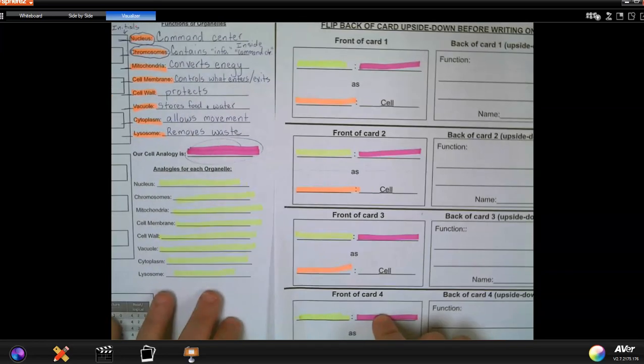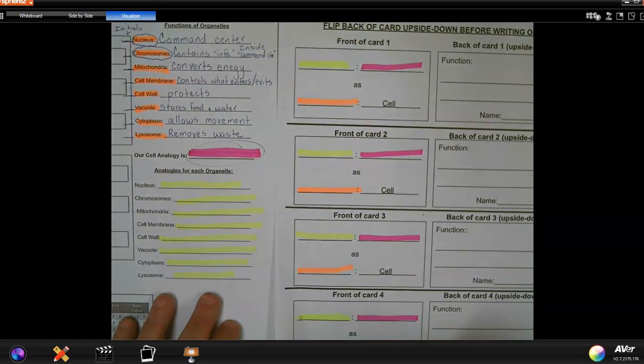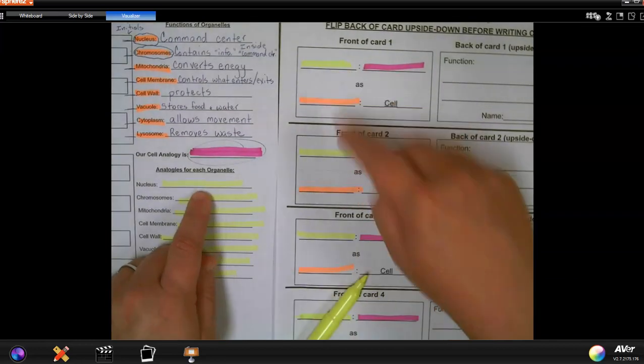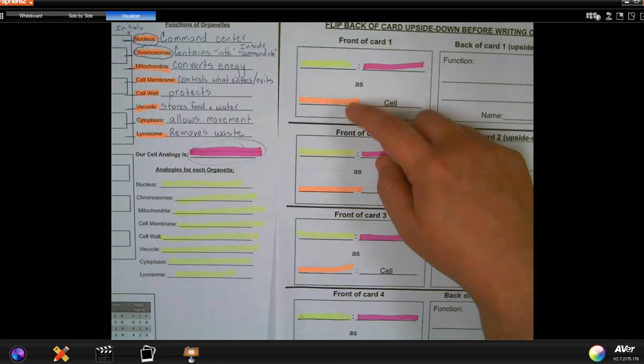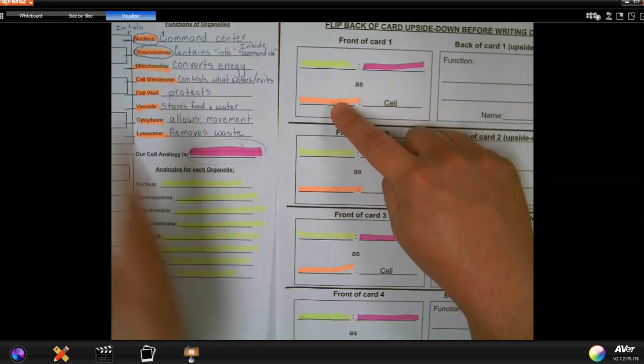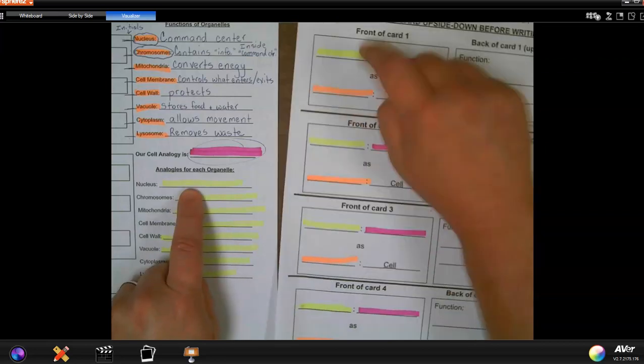Okay? So whatever you wrote here is going to go here for the correct organelle. For example, if this was my nucleus, I'd write nucleus here, and then whatever I wrote here for nucleus would go here.